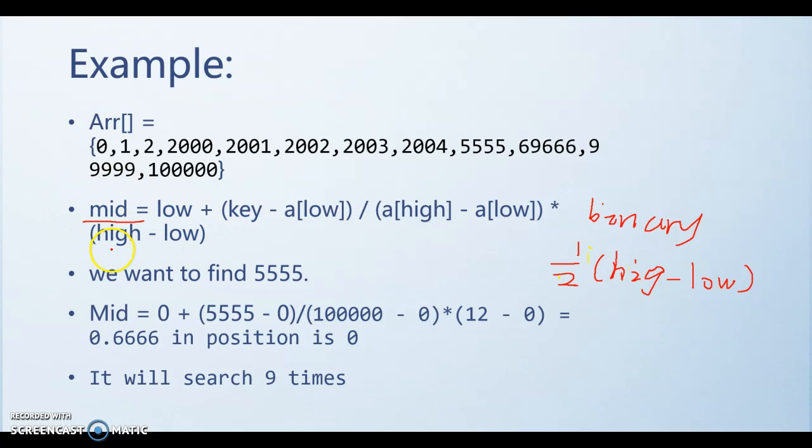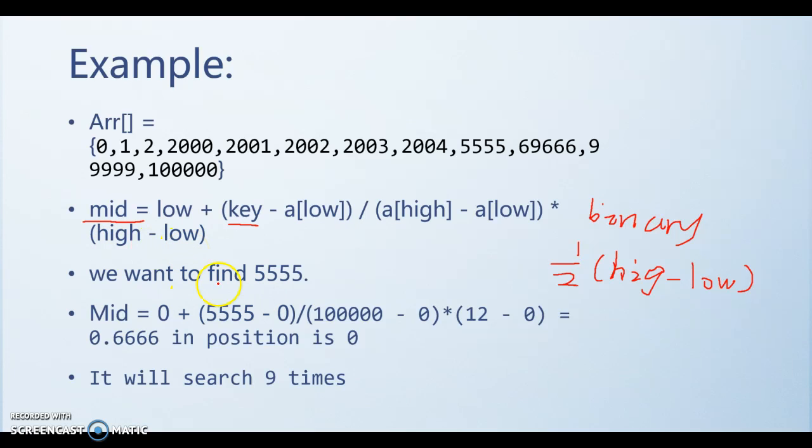But for this part we update the formula. The formula is low plus the key, which is what we want to find, minus the low in this array, divided by the highest element minus the lowest element, and then multiplied by high minus low.